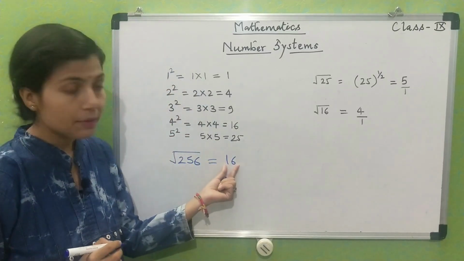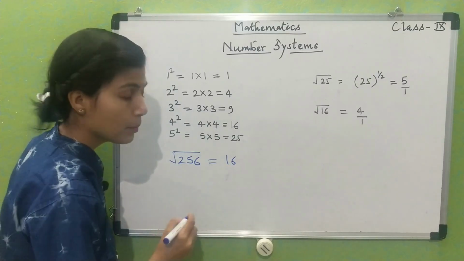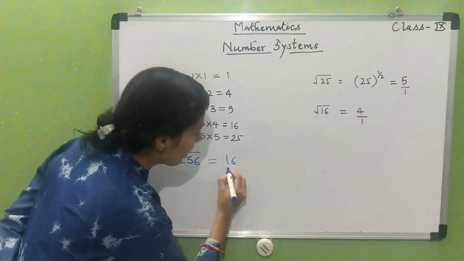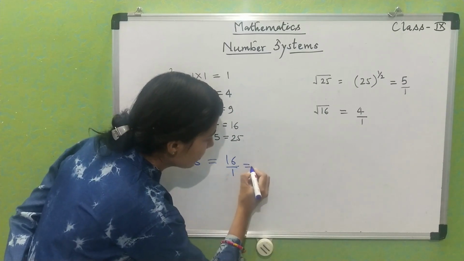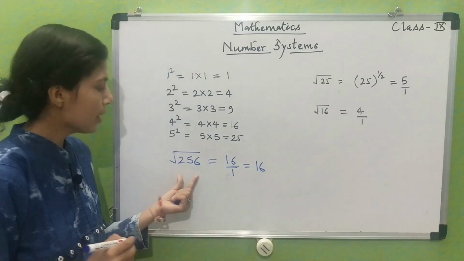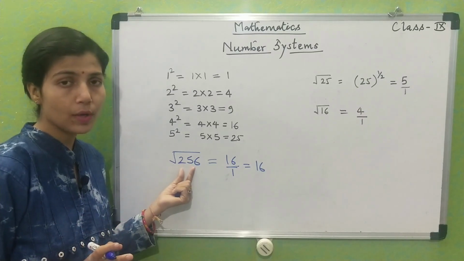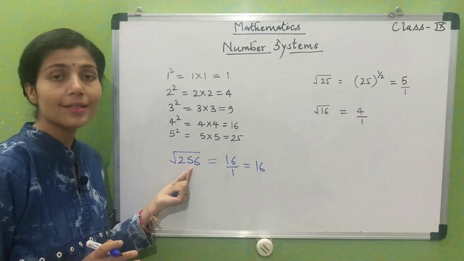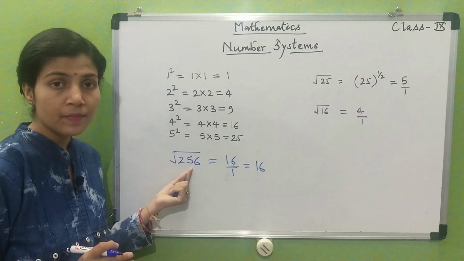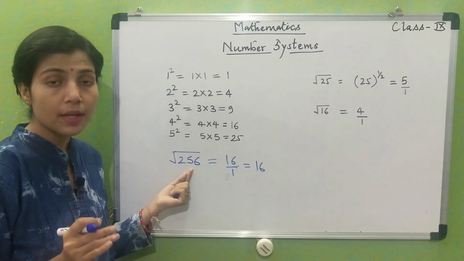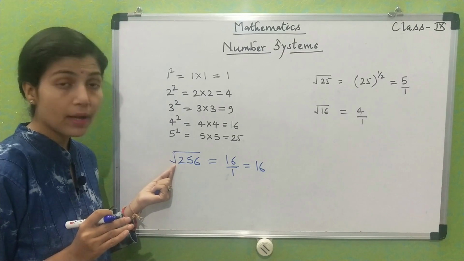Now this 16 can be written in the form of p upon q by taking its denominator as 1. It means this square root of 256, in which 256 is a perfect square number, is a rational number. So a rational number can be in this square root form.